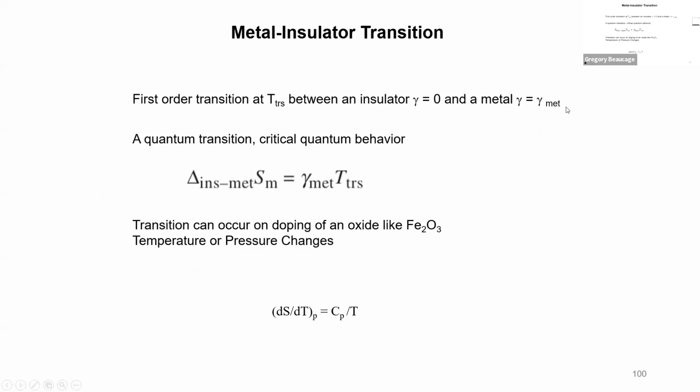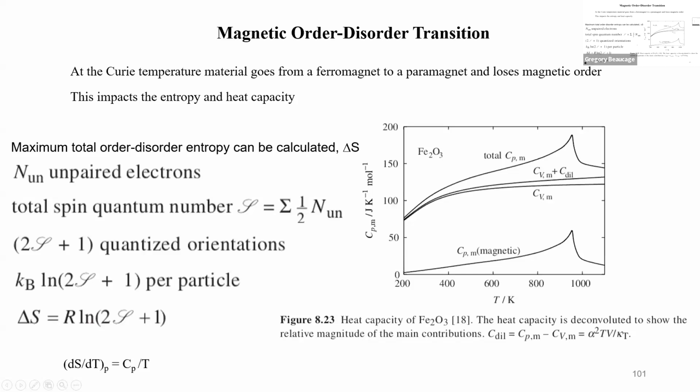And for the metal, it's got the metal's gamma. So the transition entropy change is going to be the metal gamma times the transition. The change in entropy is just that. Then you can calculate how this thing would behave. Anyway, this is a mapping out of iron oxide going through that insulator to metal transition.